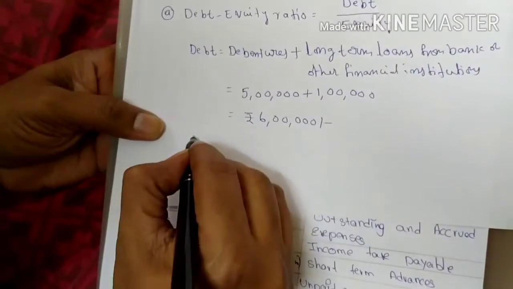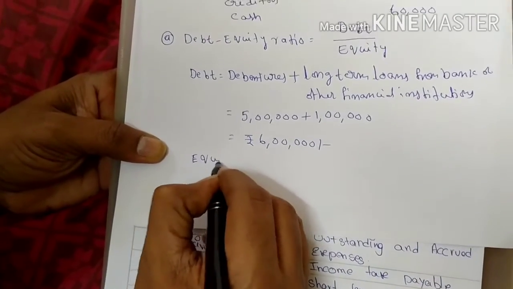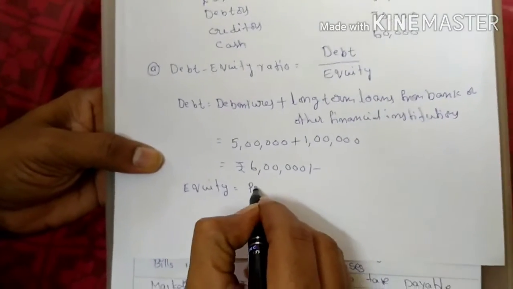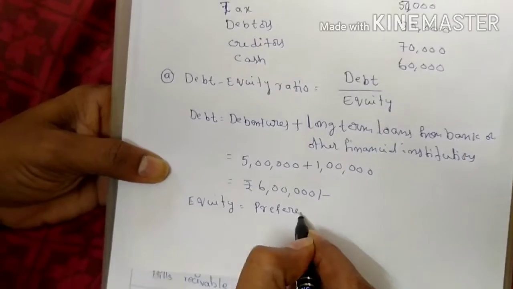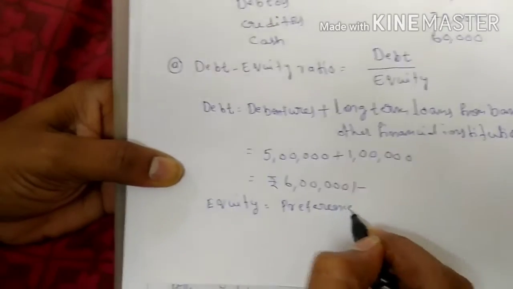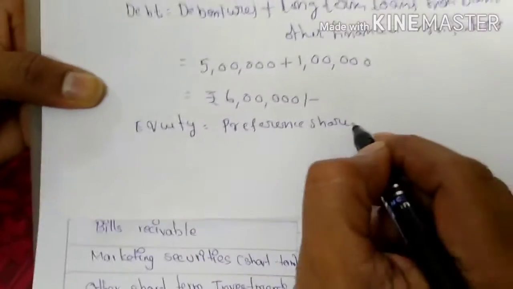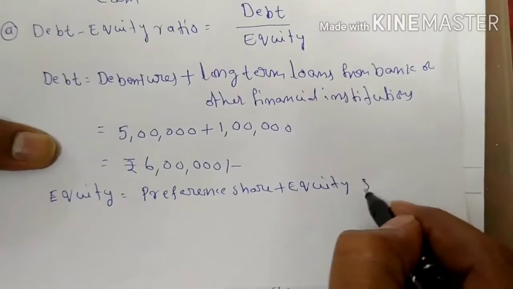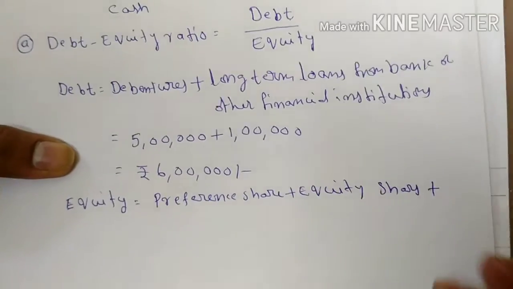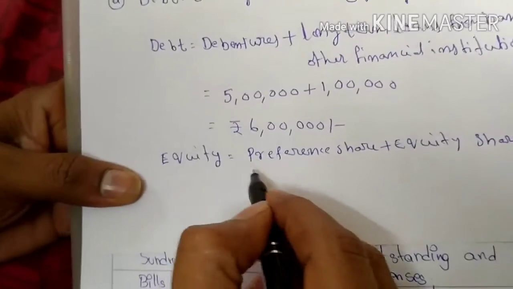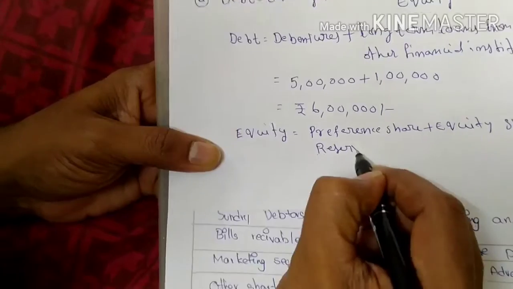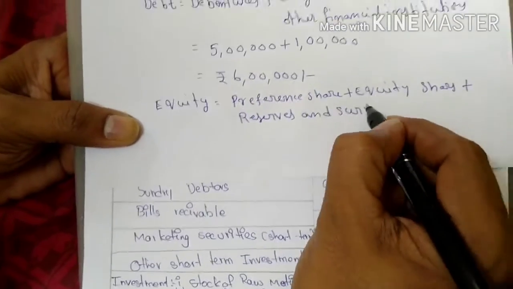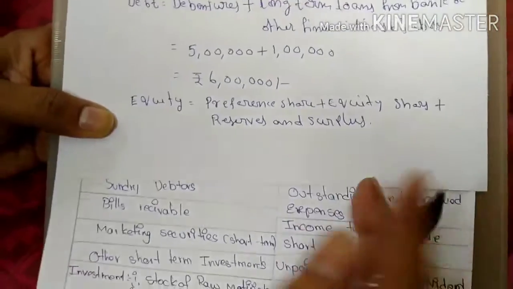Next, equity. Equity is equal to, as per our formula, preference shares plus equity shares plus reserves and surplus.